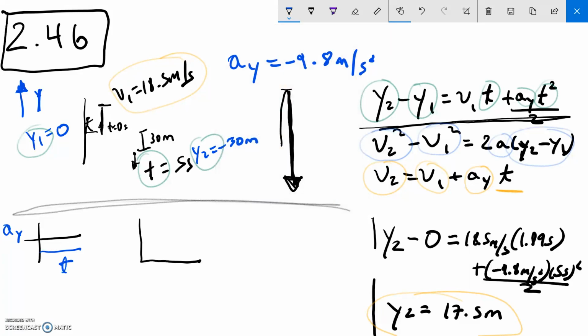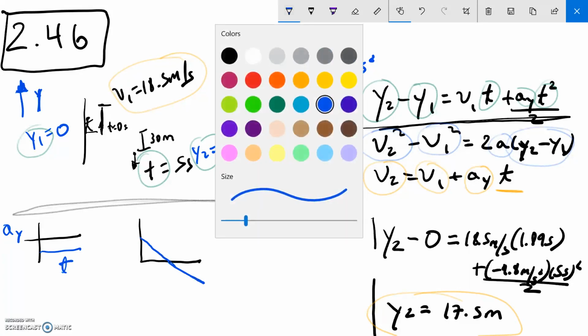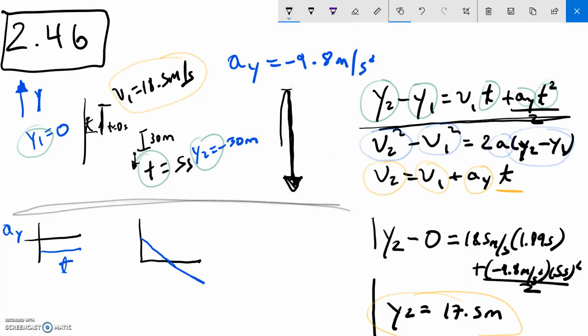And since we started with a velocity that was positive, in this case, it will start at some positive value of the velocity, at some point have a velocity of 0 because it starts returning, and down it goes.